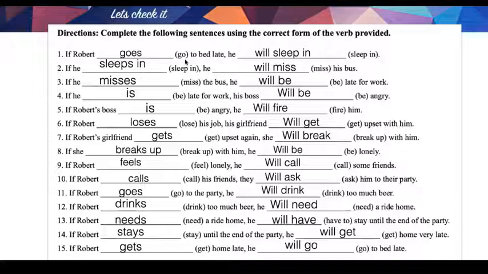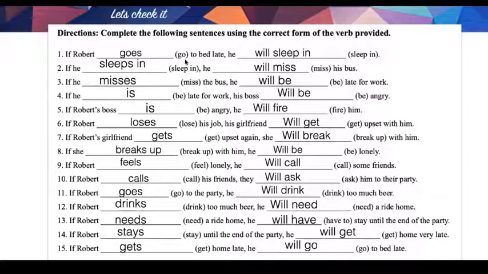If he misses the bus, he will be late for work. If he is late for work, his boss will be angry. If Robert's boss is angry, he will fire him. Fire is when they quit your job, okay?